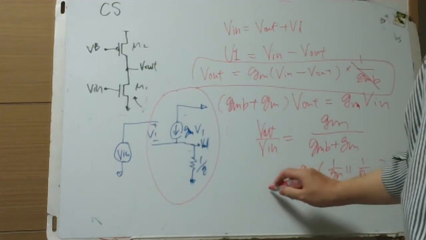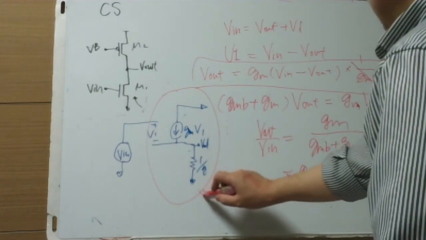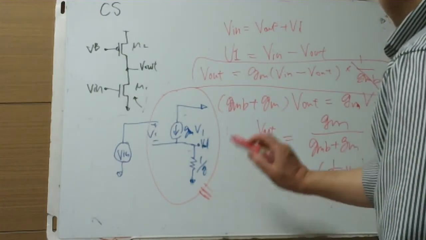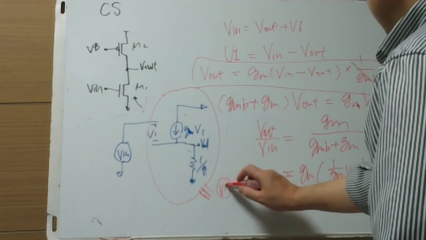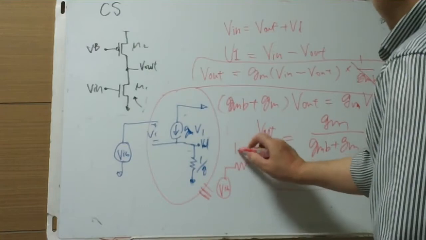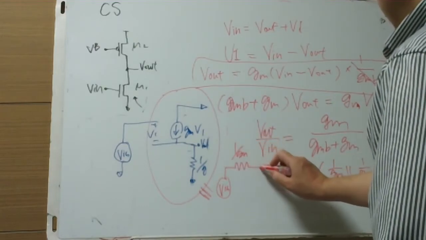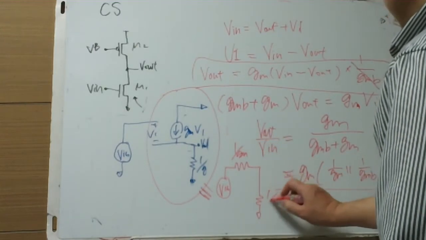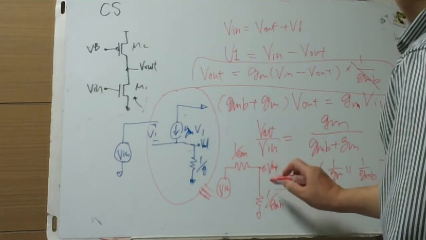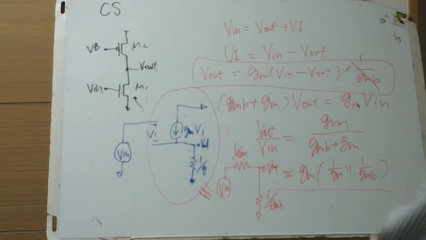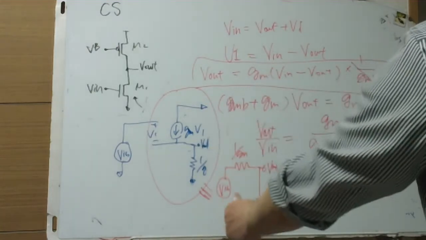And this is the same. Actually, this is the same as this: V in, 1 over GM, 1 over GMB, and this is V out. Interestingly, this and this is the same.